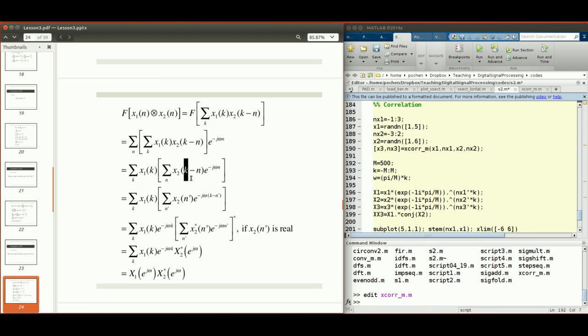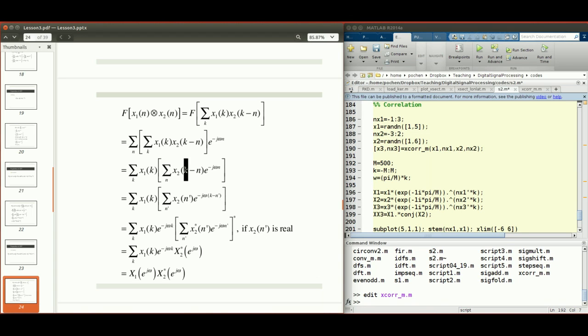So we can use previous properties. The folding property is going to give you the conjugation, and then the shifting property is going to give you e to the minus j omega k this time. We can use those two previous properties that we have talked about, the shifting property and the folding property.